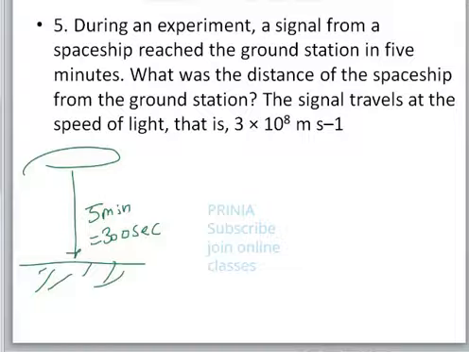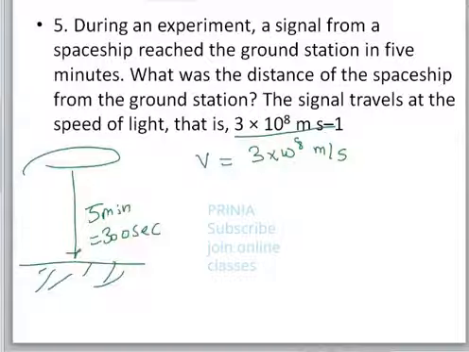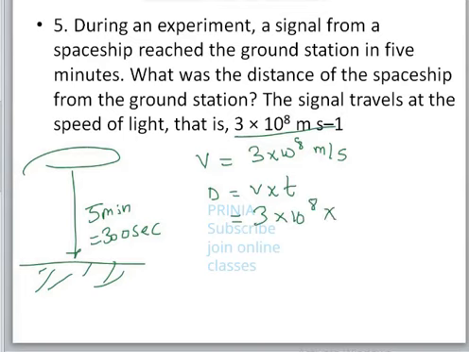The signal travels at the speed of light, which is given as 3 into 10 to the power 8 meter per second. So we can write that distance equals velocity multiplied by time, or speed multiplied by time. So v is given as 3 into 10 to the power 8, and time is 300 seconds.